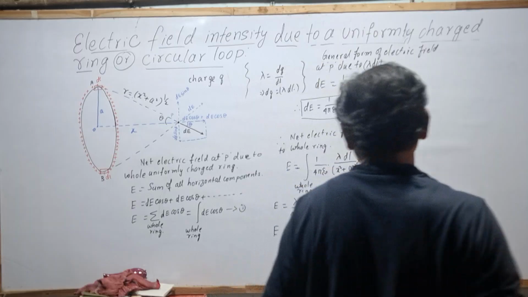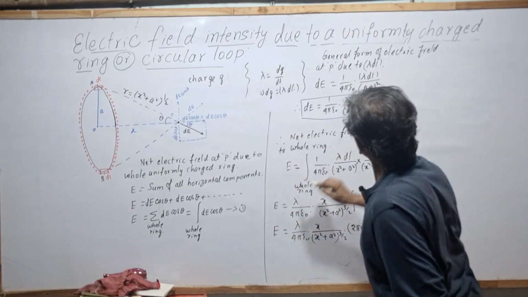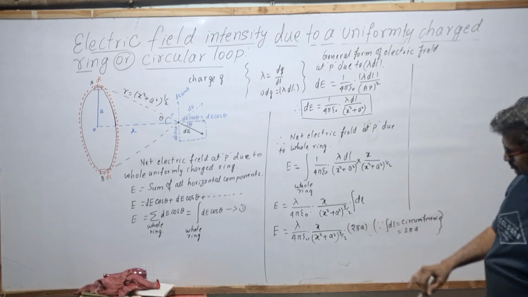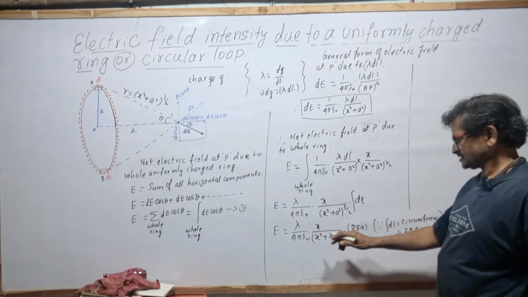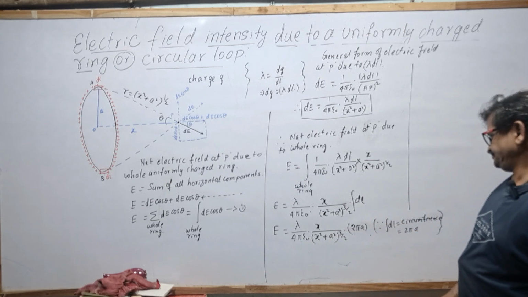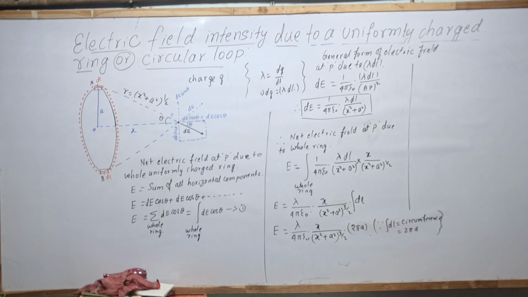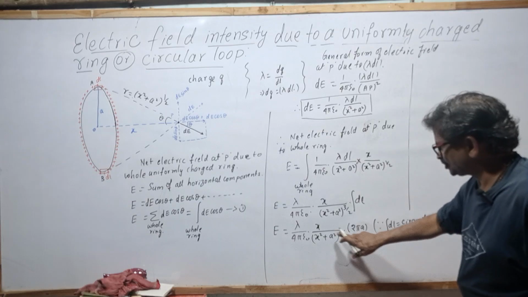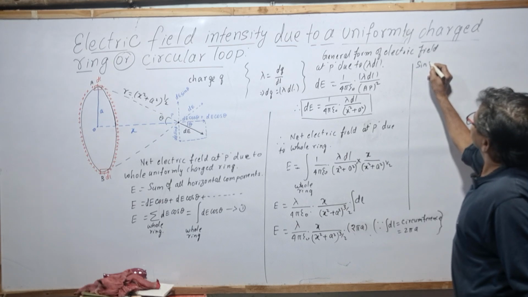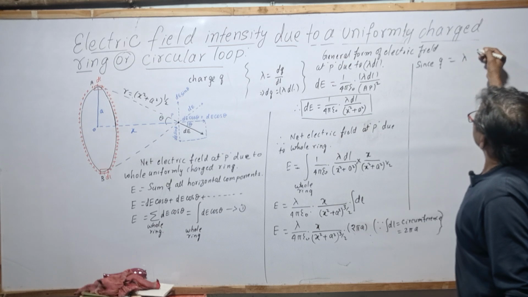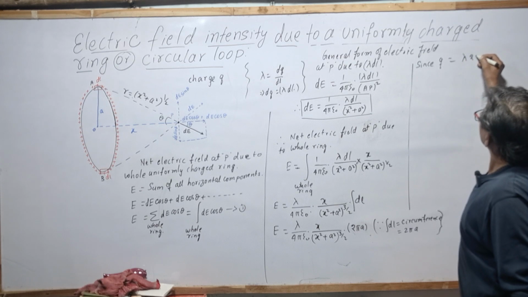Length into lambda is equal to q, since the total charge q equals lambda into that length, 2 pi a.